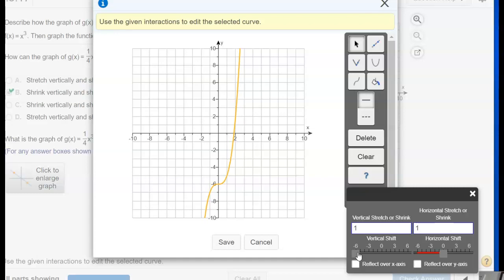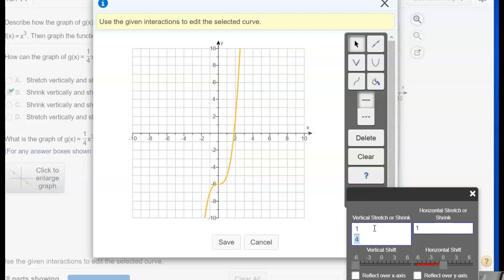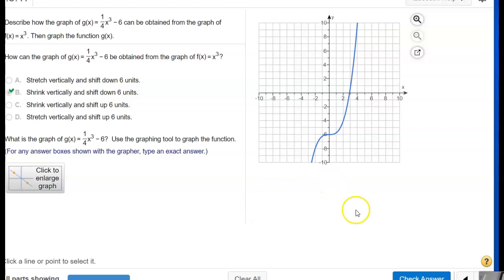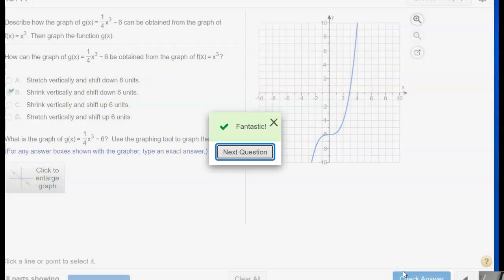And now we also want it to be a vertical shrink. So then I come up here to vertical shrink, and I'm going to type 1/4. And I'm going to do save. And I'm going to do check. And we are good to go.